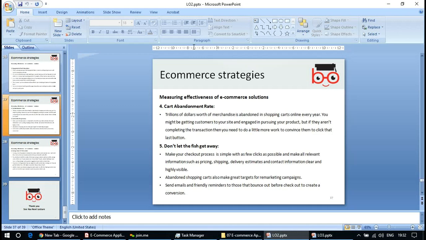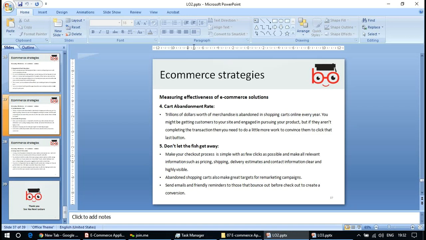Cart abandonment rate. Most of the time what happens, we add items to a cart, but sometimes we never pay and we don't buy the items, because of difficulty, or the site doesn't show a good view of the order at some point, isn't it?